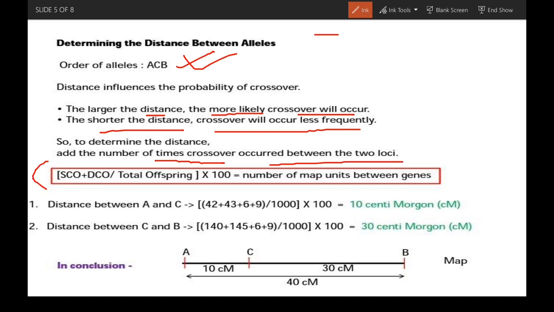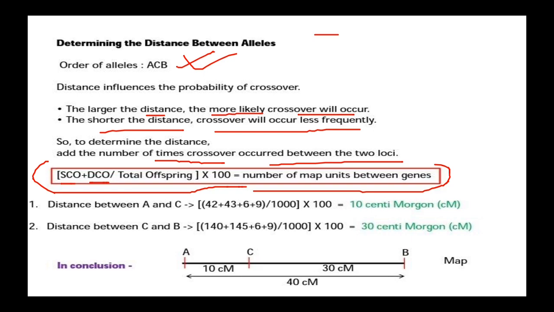So this is the formula used to determine the distance between two genes. The number of single crossovers between those two genes and the number of double crossovers between the two genes are added, and then divided by the total number of offspring, and multiplied by 100, right?